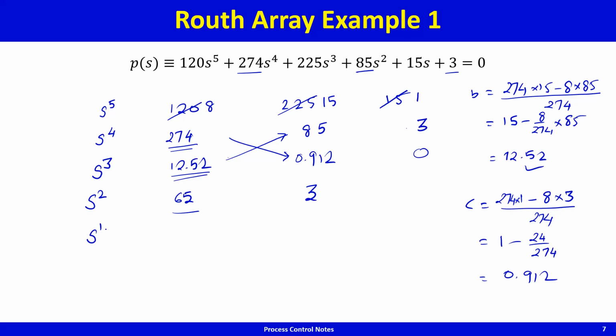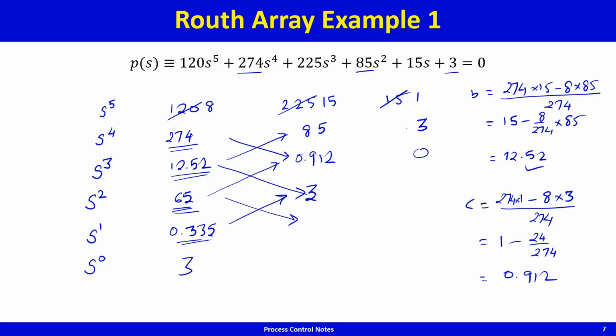So that's going to be this times this minus this times this divided by 65, and since you are dividing by a large number, this number is going to be small, and it turns out to be 0.335. Forgive my eyesight. And finally s to the power 0 element is nothing but 3, because this times this minus this times 0 divided by this guy leaves 3.